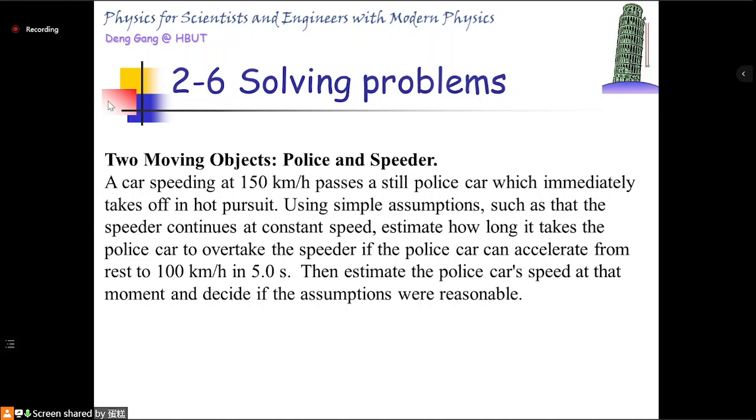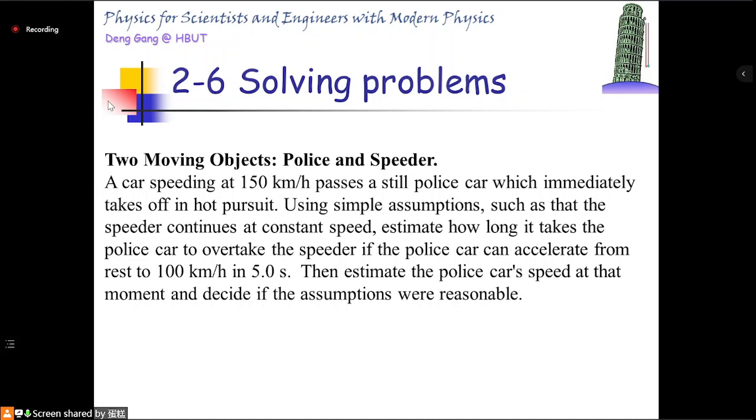For real problems, it's really complicated. We need to build a model to ignore something which will not affect our result. But after we build a model and calculate, when we look back at our result, we need to think whether our assumptions were reasonable, because sometimes you assume something and simplify the problem, and the result may not match the truth.